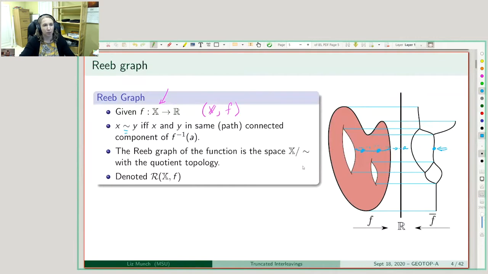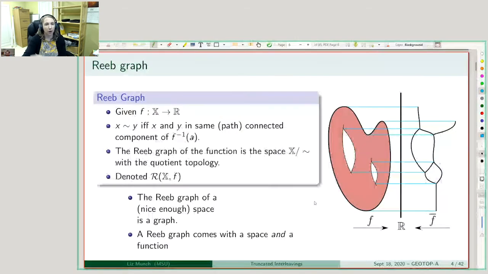I am not 100% sure that all the slides have this denoted this way. Depending on my mood, we're going to have R of X, f, or we're just going to start messing around with Reeb graphs directly anyway. The Reeb graph of a nice enough space is a graph, and there are some legitimate reasons for why we get to call these things Reeb graphs.